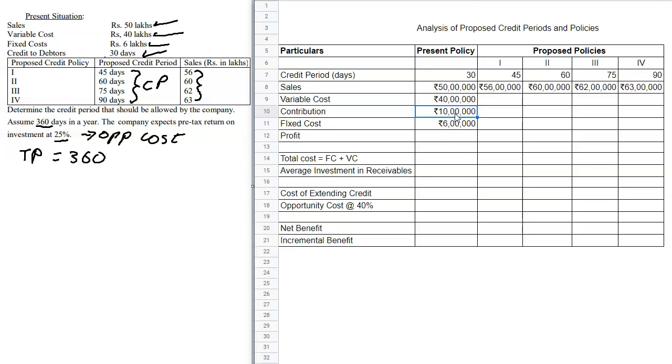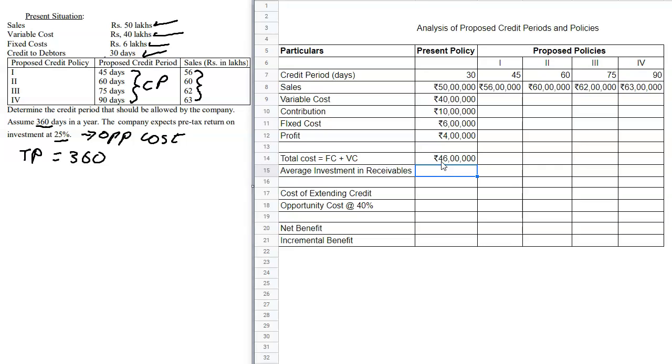Similarly 10 lakhs minus 6 lakhs will give us 4 lakhs. We have till profit. Now total cost, remember total cost is equal to fixed cost plus variable cost. 40 lakhs plus 6 lakhs is going to give us 46 lakhs.